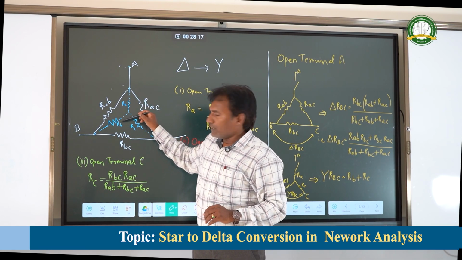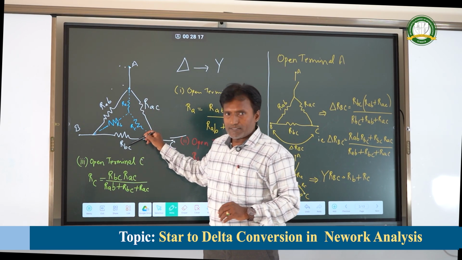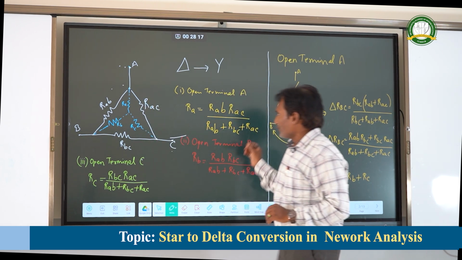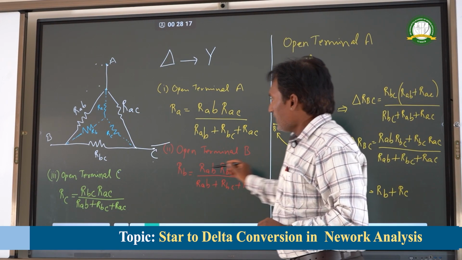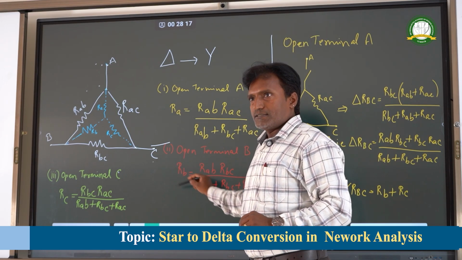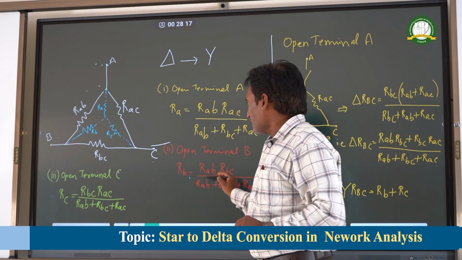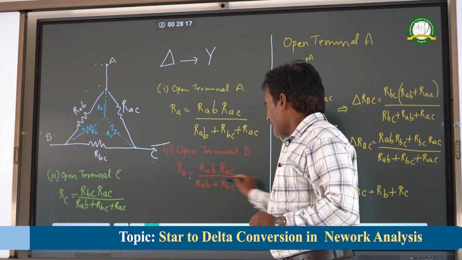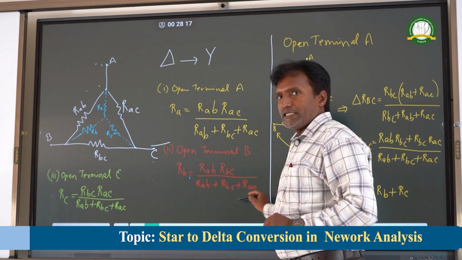So RB will be equal to RAB into RBC upon the total summation of the delta elements. That is what I have shown here. On opening terminal B, star RB is equal to RAB into RBC of delta divided by the summation of all the delta elements.